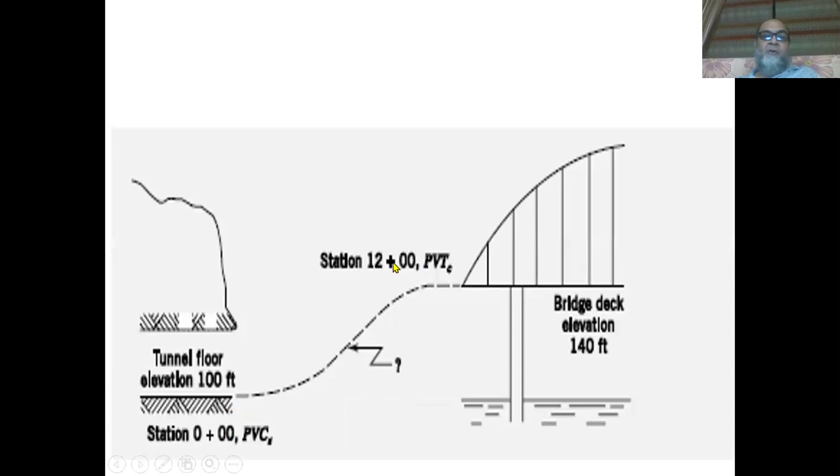How? This station is 1200. This is the start of the curve. This is the termination of the curve. So the distance between these two points is 1200, 1200 minus 0. That's why we say the length of the sag curve plus the length of the crest curve.